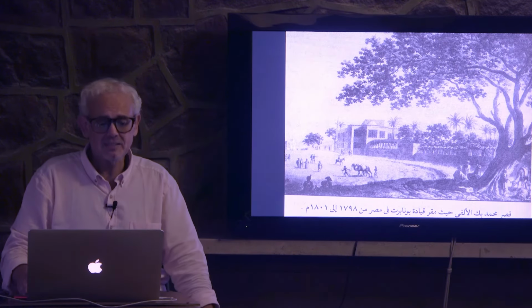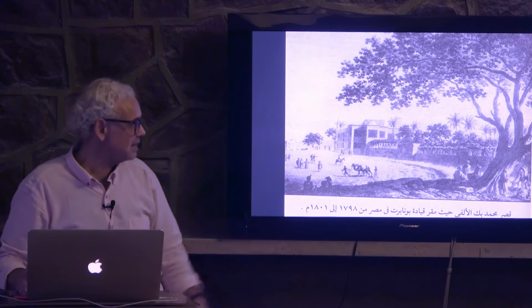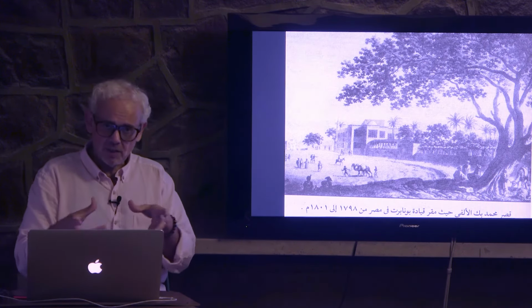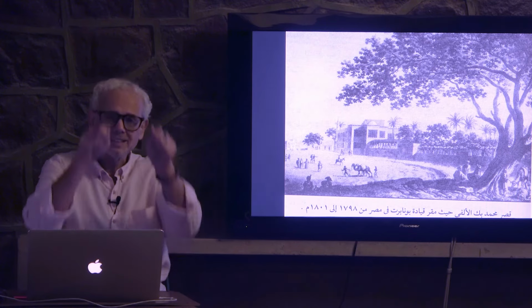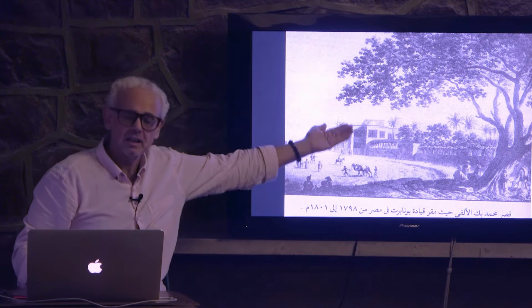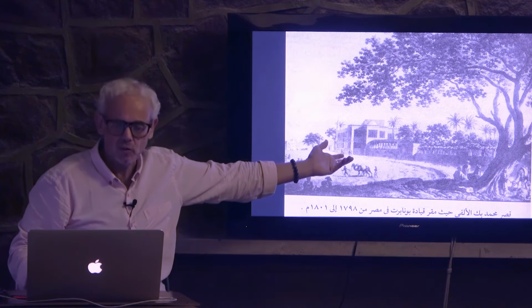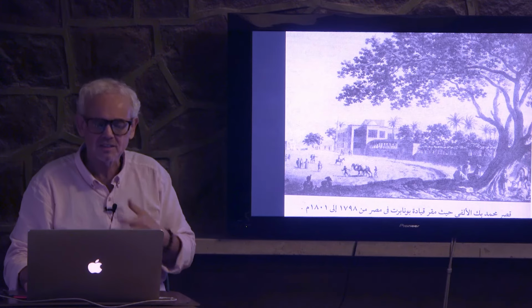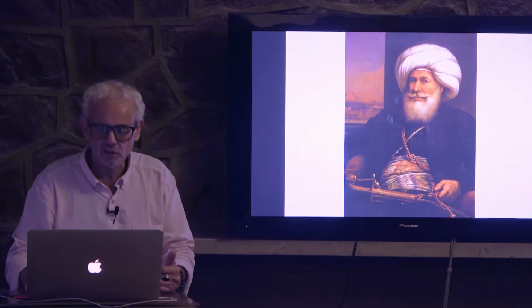So as early as 1798, he took this place as his own. The design is very flexible, but it is veneered with a more Balkan-like or Provençal neoclassical, which is the European influence that started to show its face in Cairo as early as that.